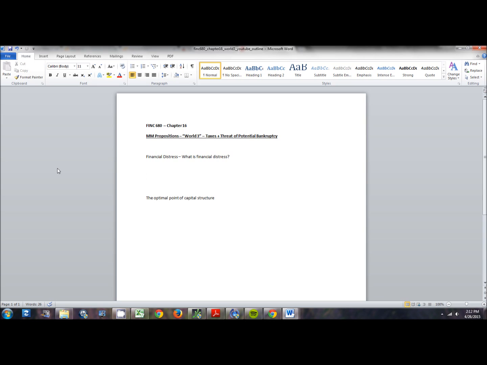The first one is this term called financial distress. You're going to hear that term used a lot as you read through these sections in your book. So what is financial distress? Financial distress is essentially just another word for bankruptcy. As the firm is searching for its optimal point of capital structure, it now has to deal with the possibility of financial distress, the possibility of bankruptcy.